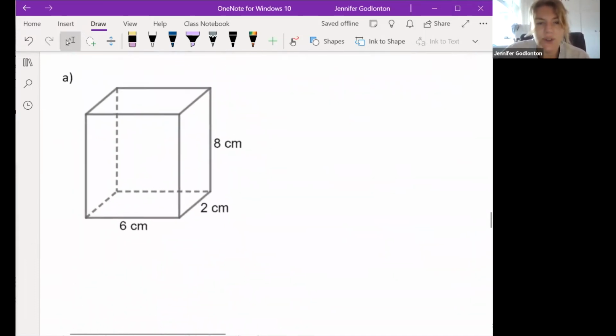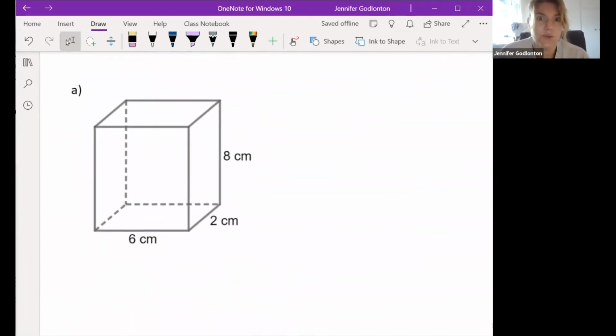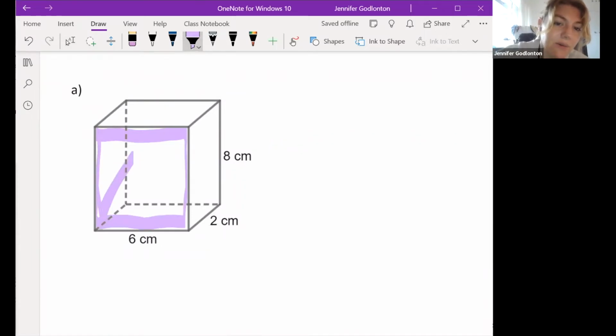All right, so this first one over here, I'm wanting to find the surface area of this rectangular prism. We're going to do it step by step. Remember, this face, there would be 2 of them. We're going to do this together, and I'm also going to do it by myself. We're going to do a joint effort here.